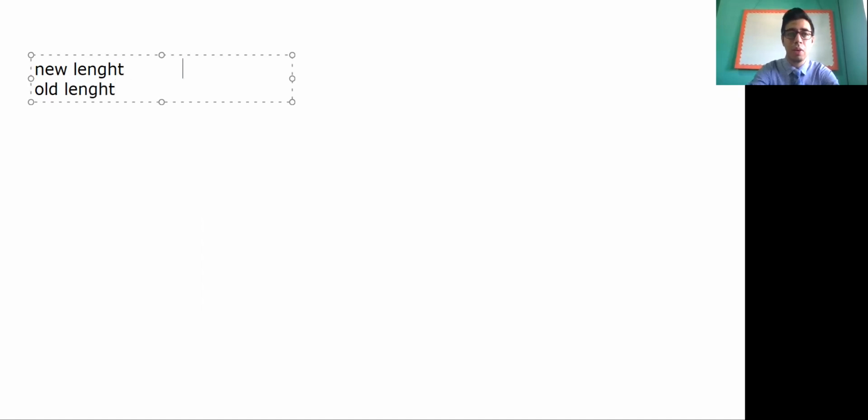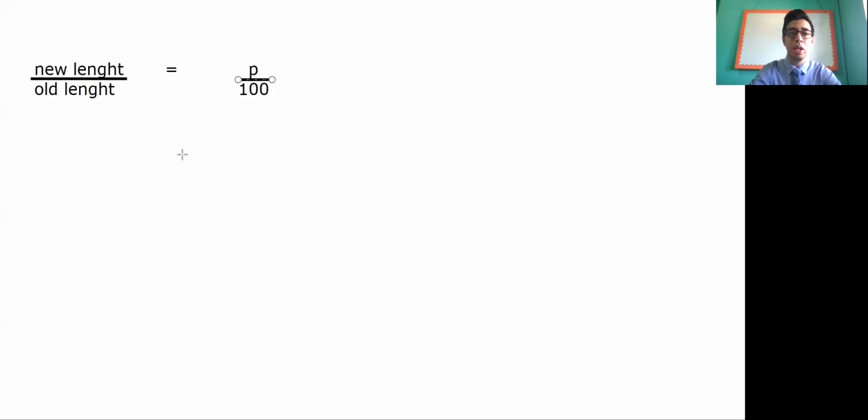This is going to be equal to P. P is the percent over 100. The percent, you already have it, and you already have the old length. So I'm only going to replace in here. I have the new length divided by the old length, and P is divided by 100.